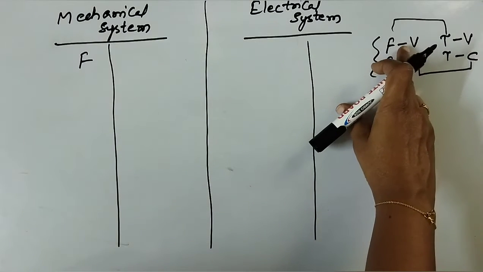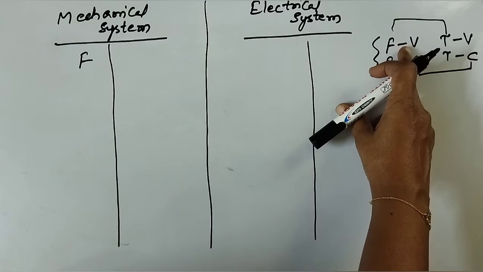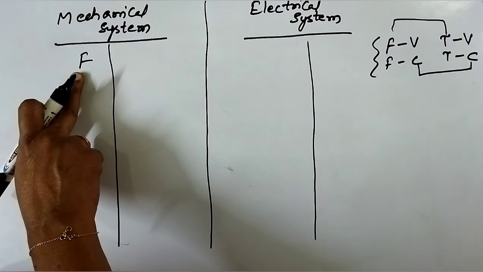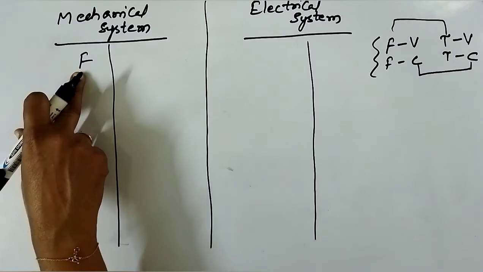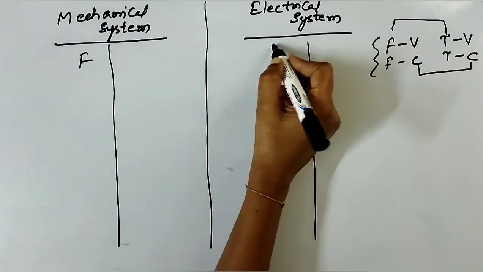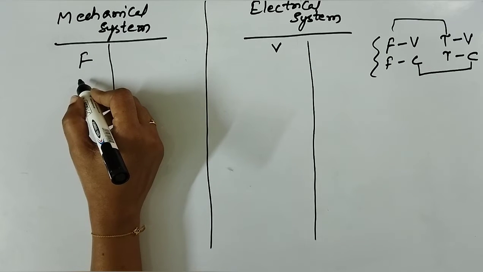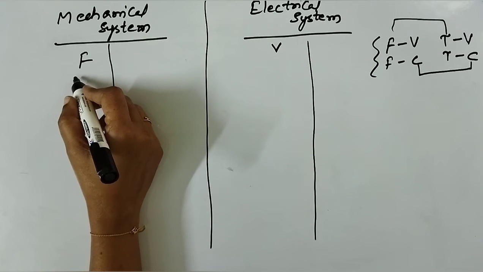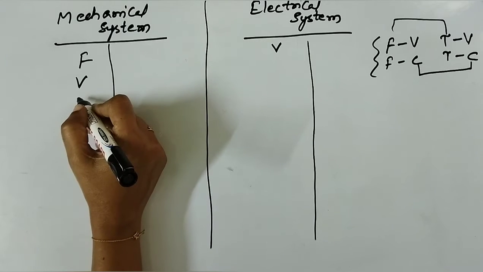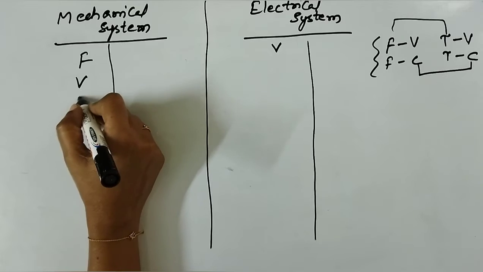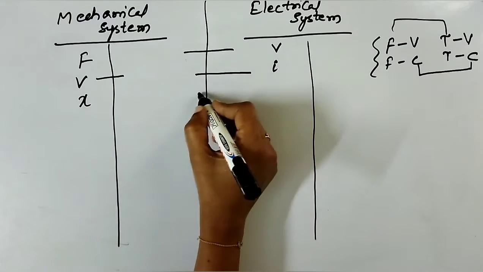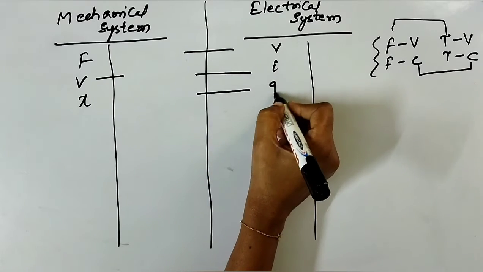Now let's see the first combination, the force voltage analogy. In a mechanical system the input is force, and in an electrical system the input is voltage. In the mechanical system the output is velocity, the dependent variable, or else you can also take displacement. In the electrical system it would be current or charge.